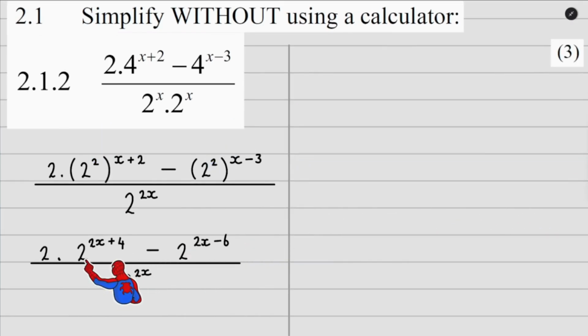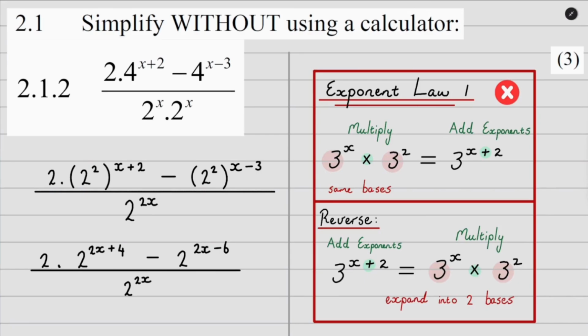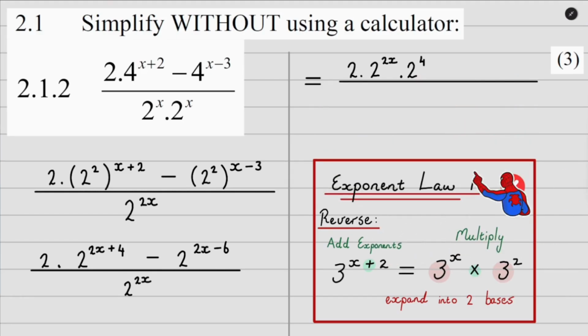Okay, and now we're going to need to split these up in order to factorize. So let me show you what I mean by split them up. So it's the exponent law we saw earlier, that if I multiply like bases, you add the exponents. But we're going to do that backwards. If we're adding the exponents, we split it up into 2 like bases, where they're raised to the power of each exponent separately. So we're going to be using the reverse version of it. Okay, and then just to illustrate how that's done with this first one.